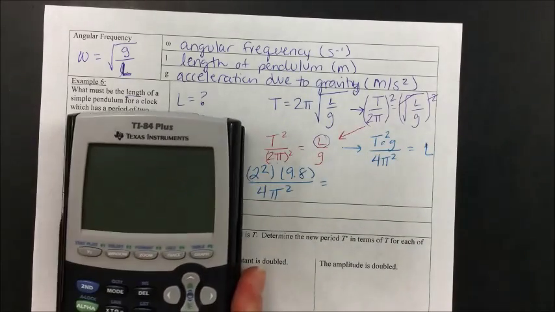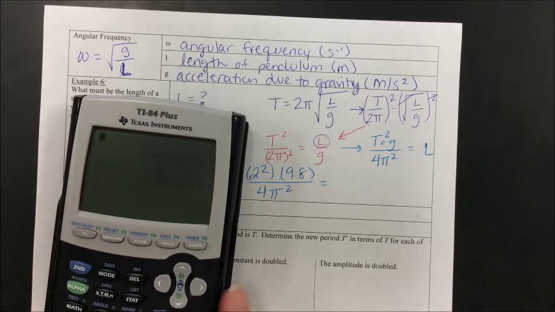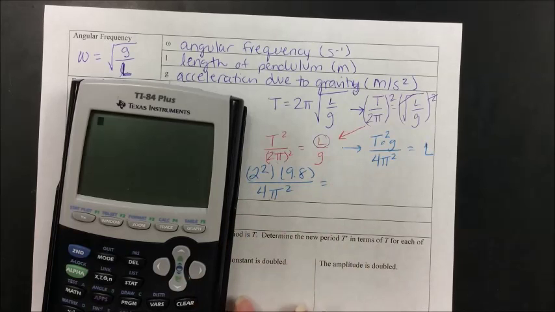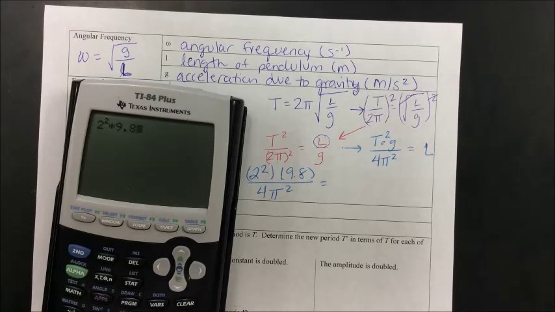And when you type this into your calculator, you want to make sure that you are putting this bottom 4 pi squared in parentheses, because otherwise it's going to give you the wrong answer. So you do 2 squared times 9.8, and then you're going to divide by the parenthesis 4 pi squared.